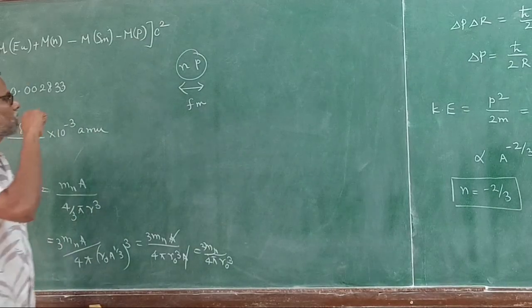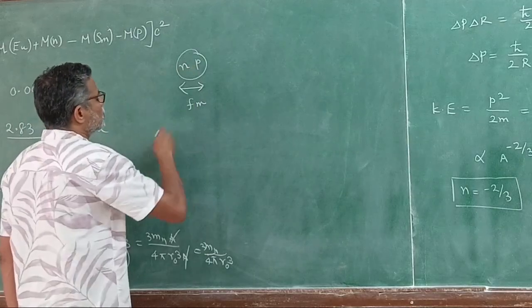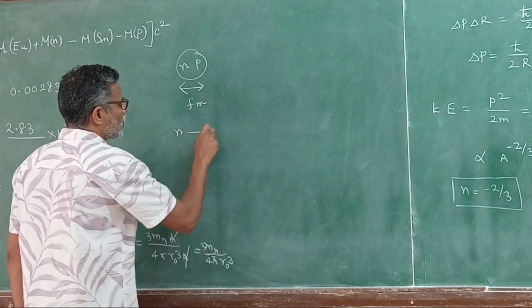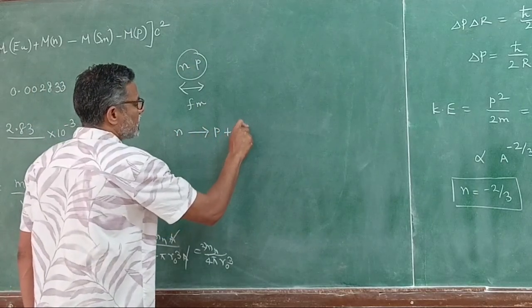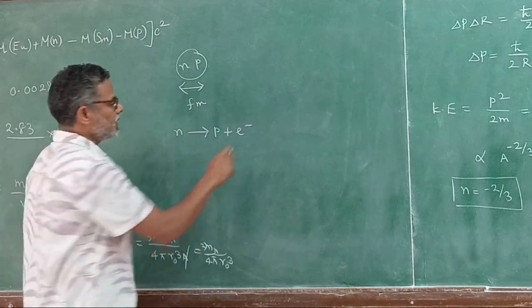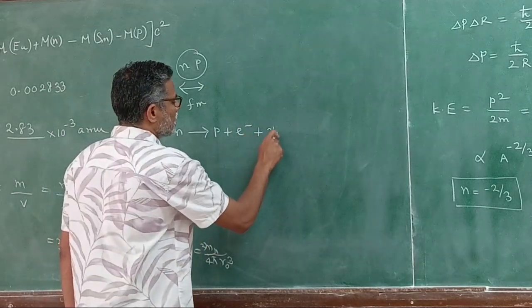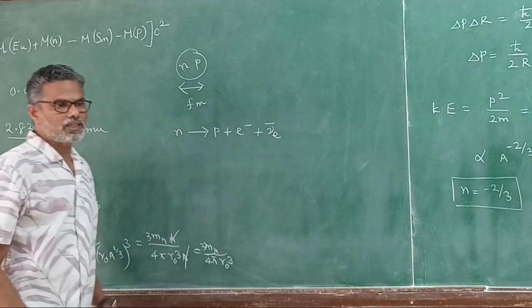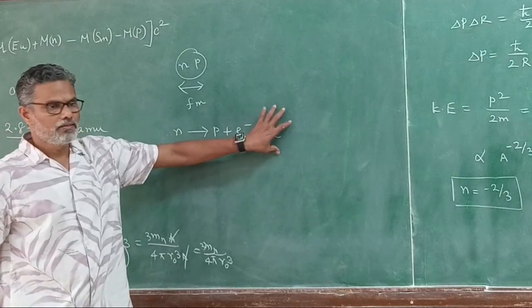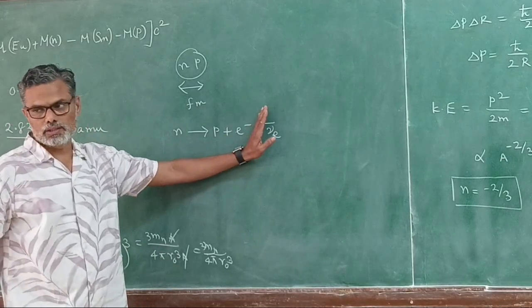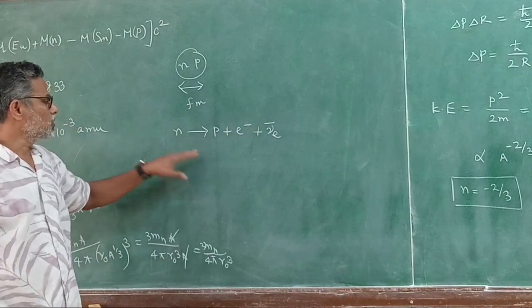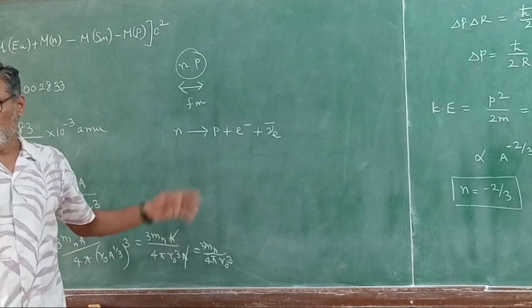Okay. And whenever a neutron converts into a proton, it releases an electron. And in order to conserve, there is an anti-neutrino. This came later. First people only knew about the electron. So this was beta decay theory.